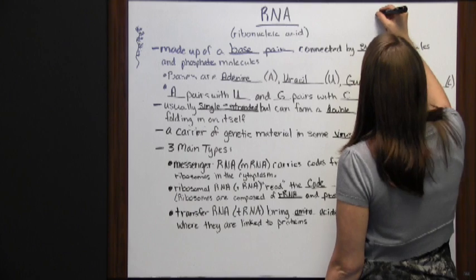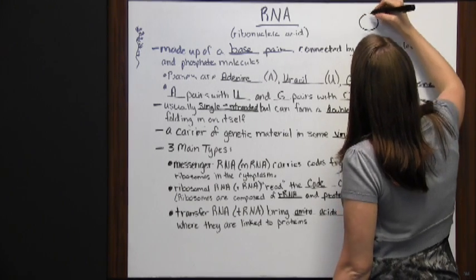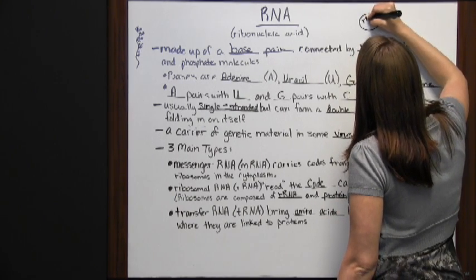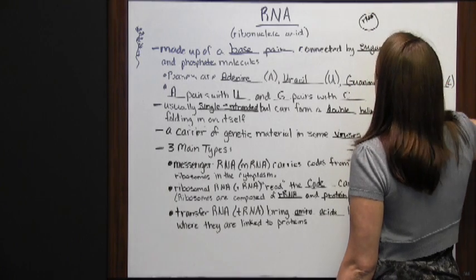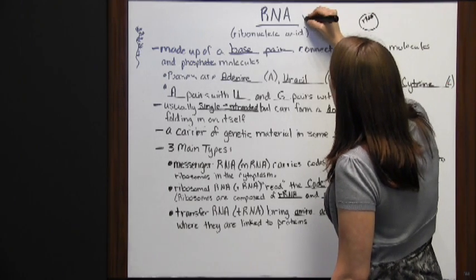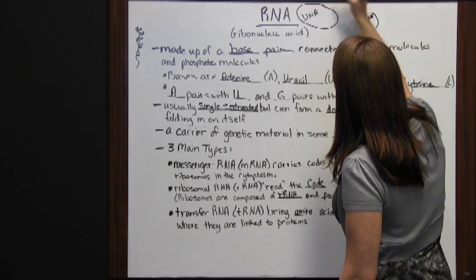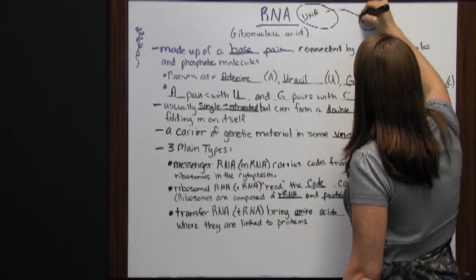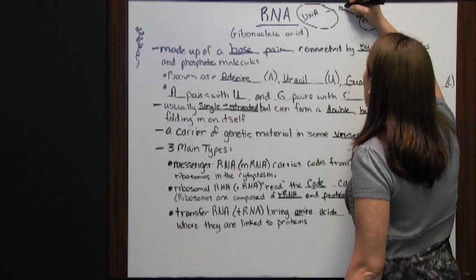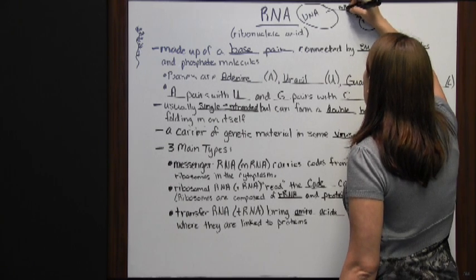So let's say we've got our ribosome, and so you've got RNA, your ribosomal RNA in here. Well, you've got DNA in the nucleus over here, and it's going to get transferred to RNA via the messenger RNA.